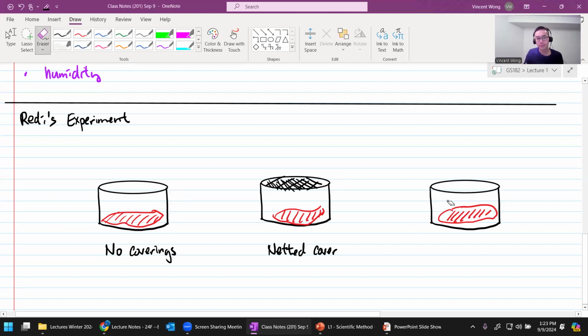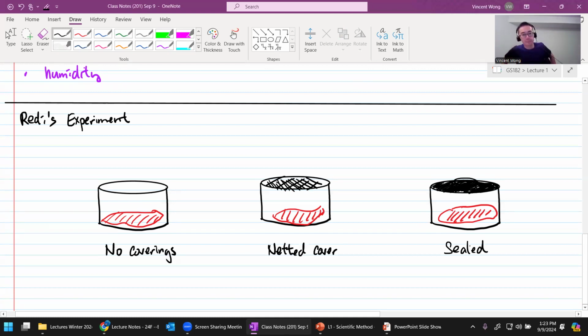And then the third jar was sealed. Not sure what he used to seal it, but it was covered. Maybe he had a lid or something. I don't know.